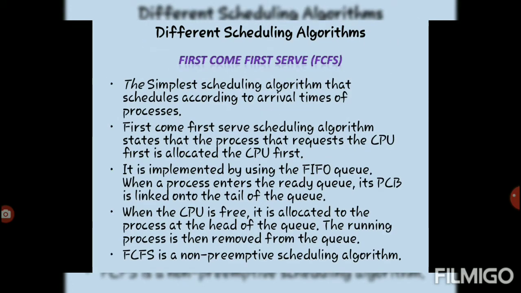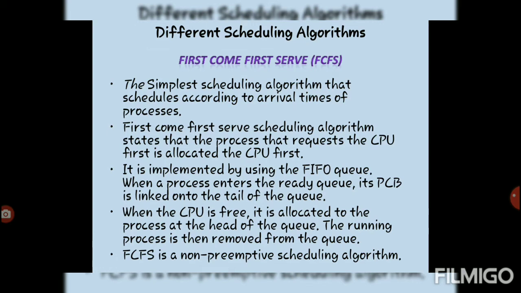And now we come to the third concept, which is different scheduling algorithms. Here we see only the brief things about different scheduling algorithms. Later we see every algorithm in detail. So first is first come first serve. You know what first come first serve is? It is the process which arrived first will be served first. The process which arrived second will be served second, and so on. The process which has arrived 10th will be served 10th.